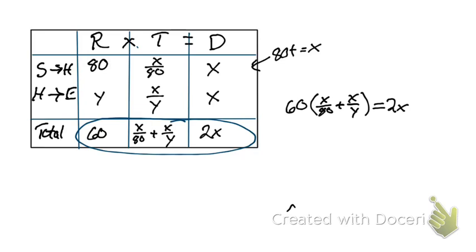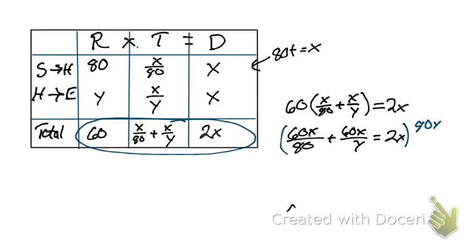I guess I'll distribute the 60 first of all. So we'll have 60x over 80 plus 60x over y equals 2x. Now I need to multiply both sides by 80y to get rid of those denominators. So I'm going to multiply both sides by 80y.